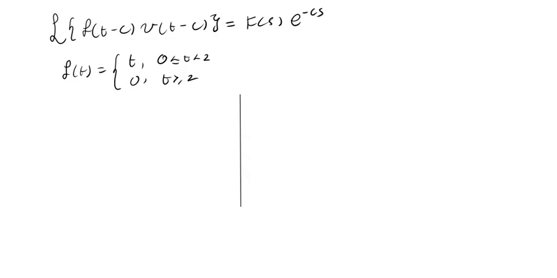Let's say this is our vertical axis and this is our horizontal axis. I'm not going to say y-axis, but let me say this is my f of t axis, because we have f of t equals t, and this is my t axis.